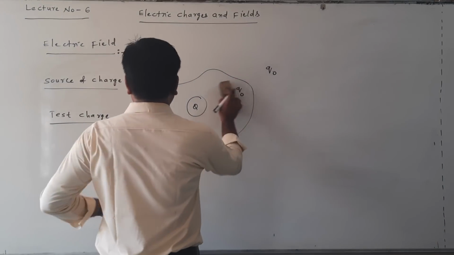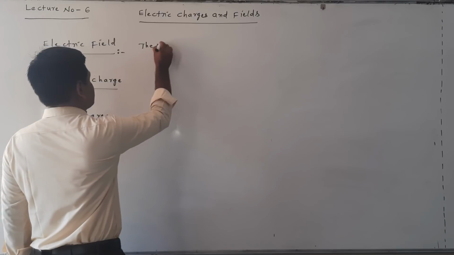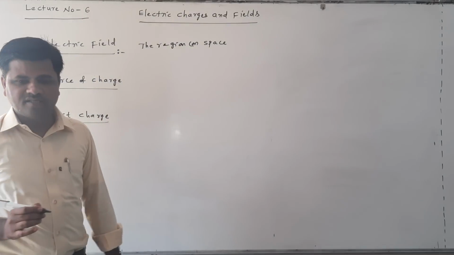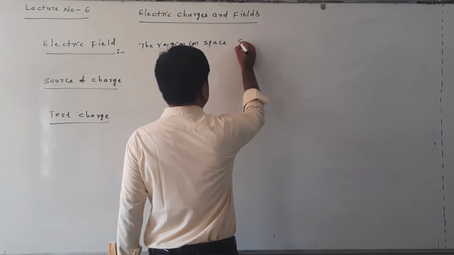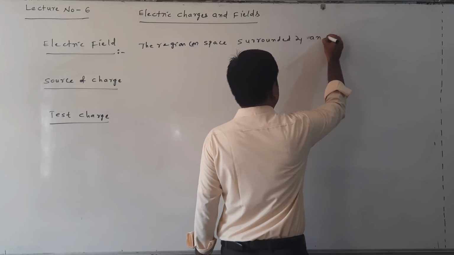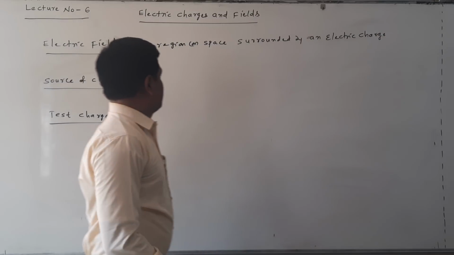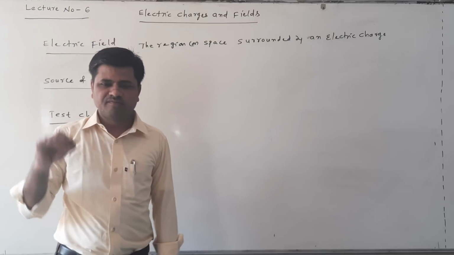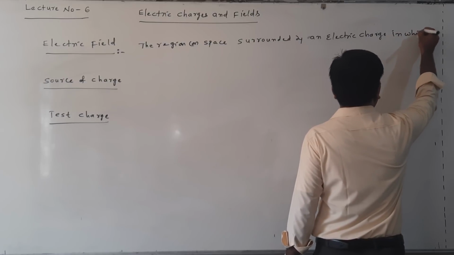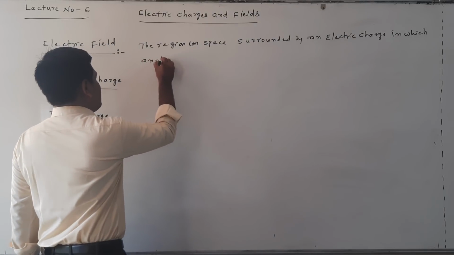Here I am writing the definitions also. First, what is the electric field? Electric field means the region or space surrounded by an electric charge or group of charges, in which another charge experiences a force.